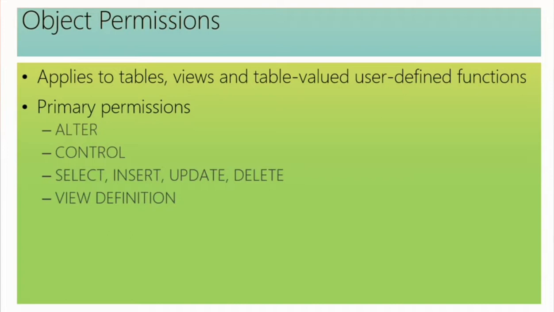Now, for objects that hold data, such as a table, we have data manipulation language statements that we can execute: select permission, insert, etc. And then finally, what I call the tattletale permission. I might want someone to be able to look at the code that defined an object, but not have them change the definition of the object. That's a minimalist permission. So we have the view definition permission.